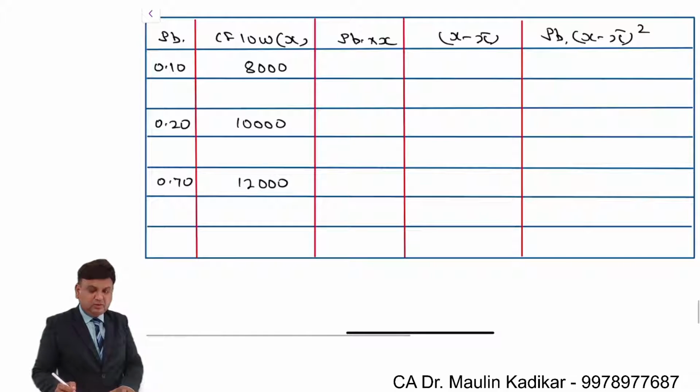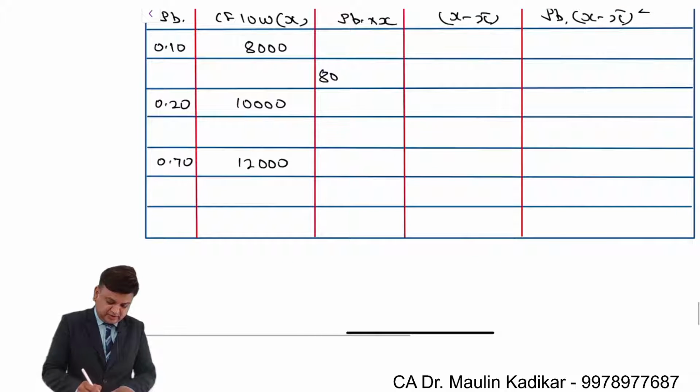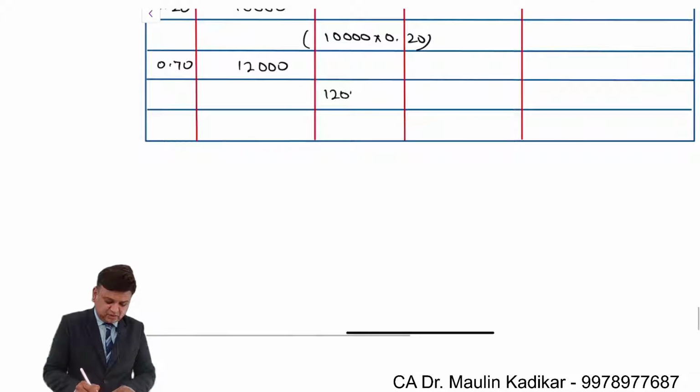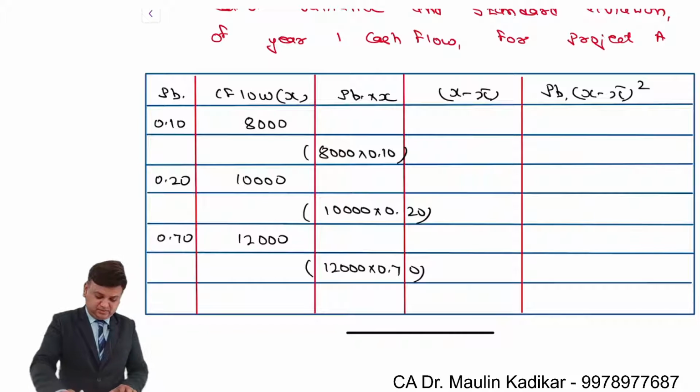So then what we will do, probability into x. So 8,000 into 0.10, 10,000 into 0.20, 12,000 into 0.70. This is the way the x bar can be calculated.